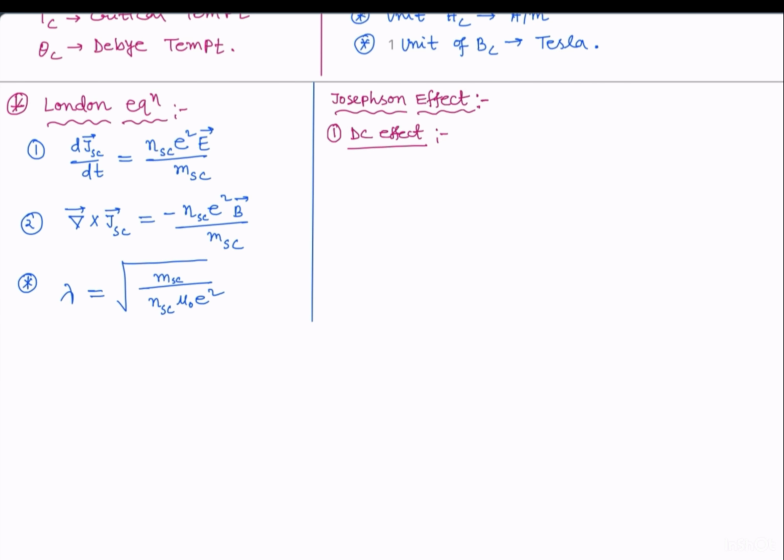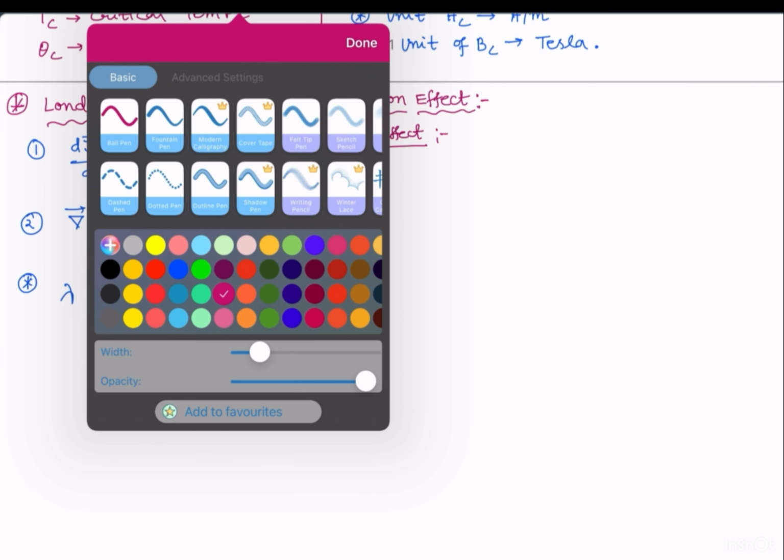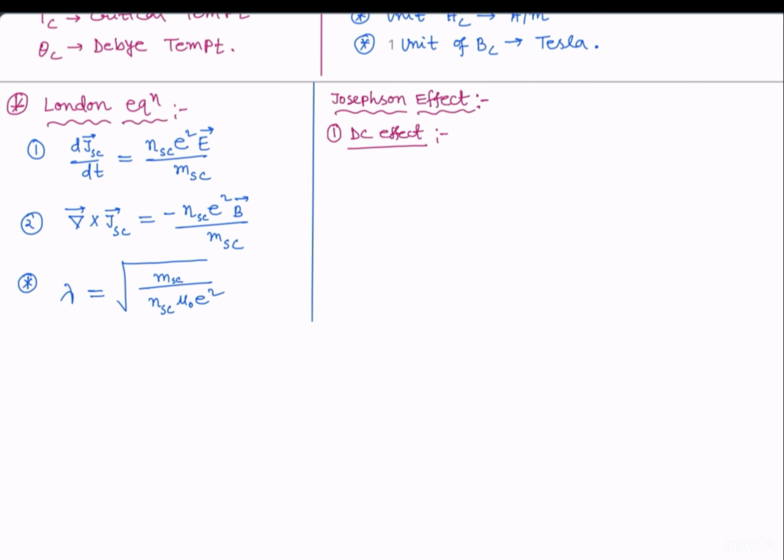So in this case, the Josephson current will be like this: I equal to I0 sine of delta 0 plus Q by h-bar integral of V dt, where V is the voltage, which is a function of time.